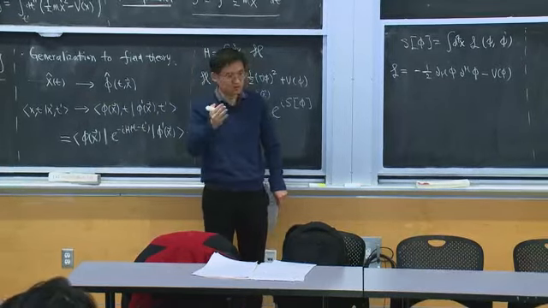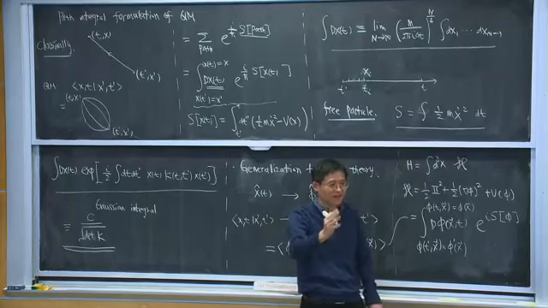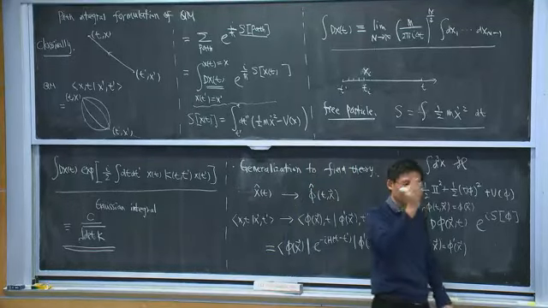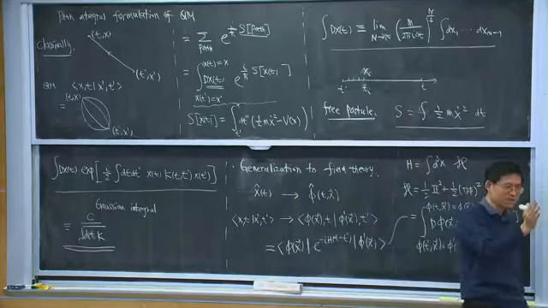And whenever you get confused about the path integral in quantum mechanics, reduce it to a finite dimensional integral, and then you should be able to understand. Always reduce it to the simpler case, and often your confusion can be understood in that simpler case.